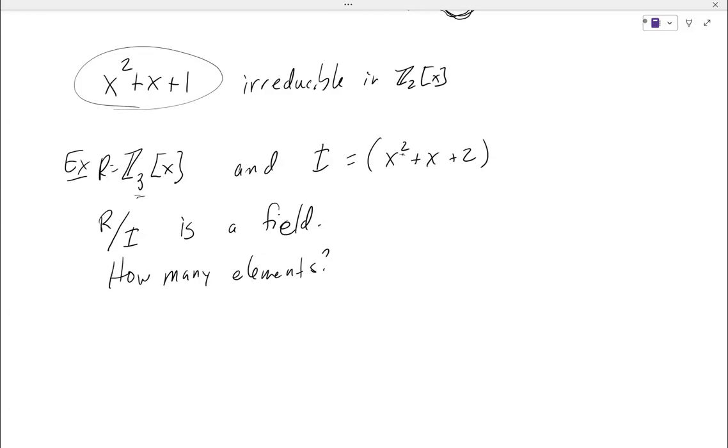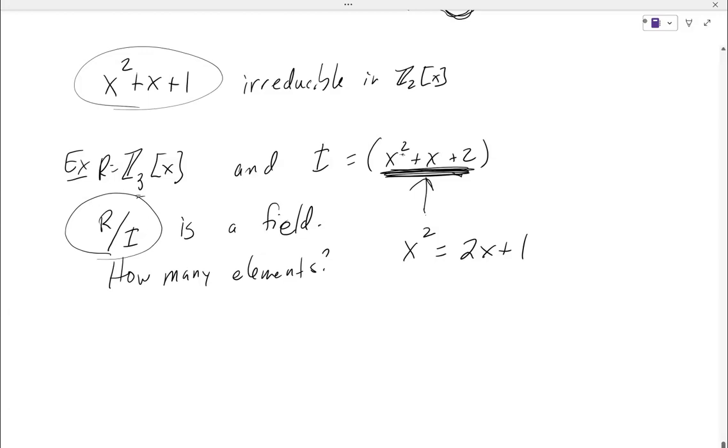Let's think about why it's 9. What did I tell you to treat this as when we're doing the quotient ring? What did I tell you to treat this thing as? 0, right? So if I treat that as 0, your x squared turns out to be, what, 2x plus 1?